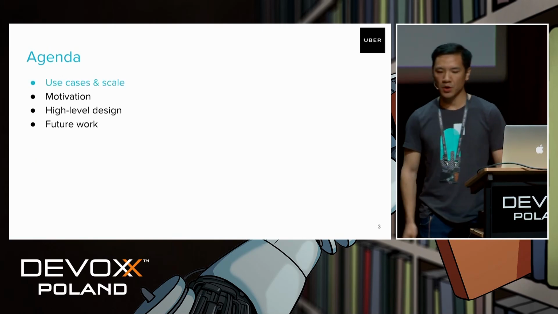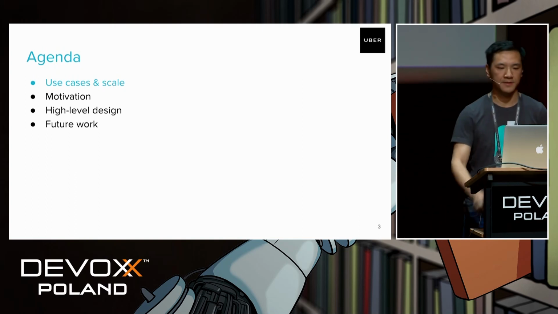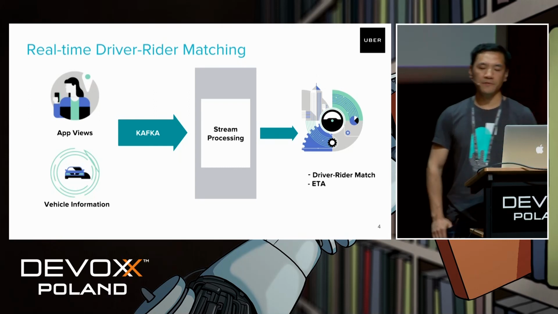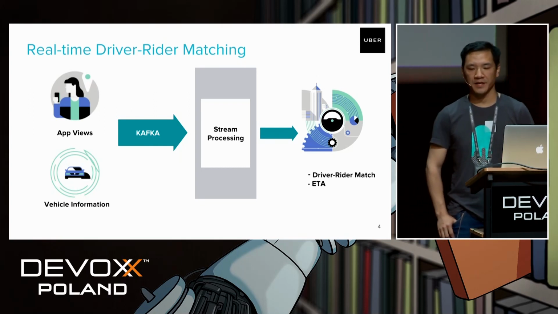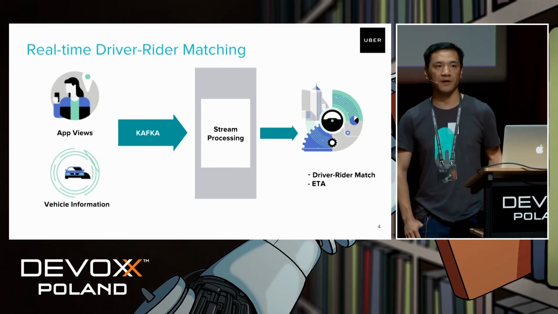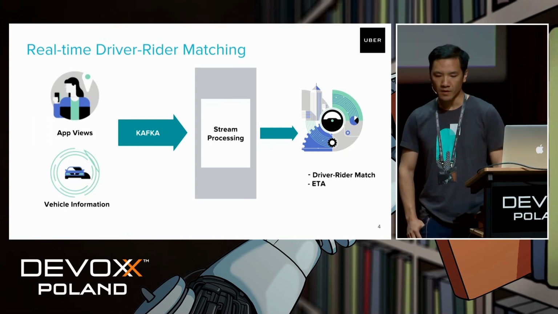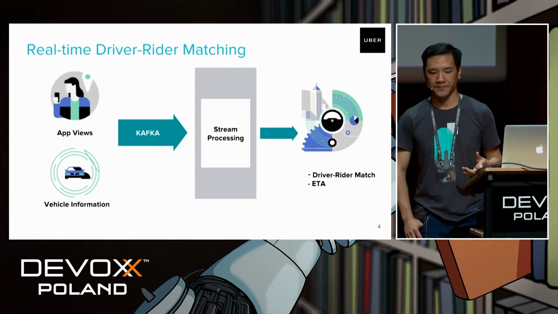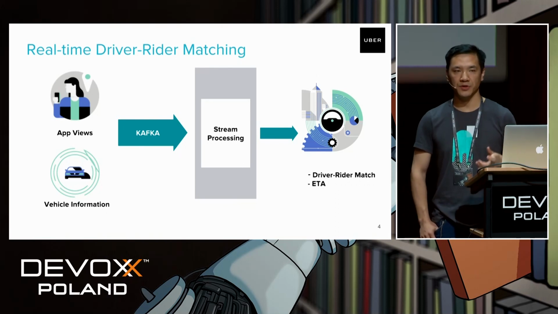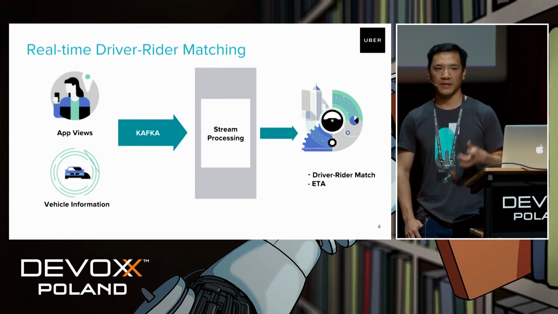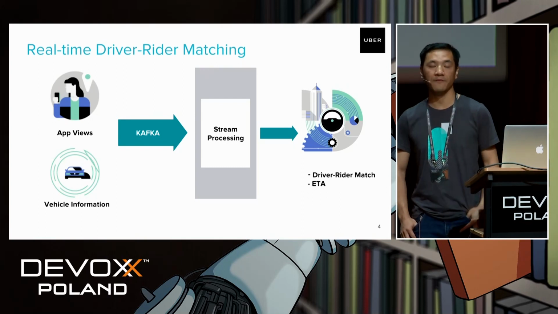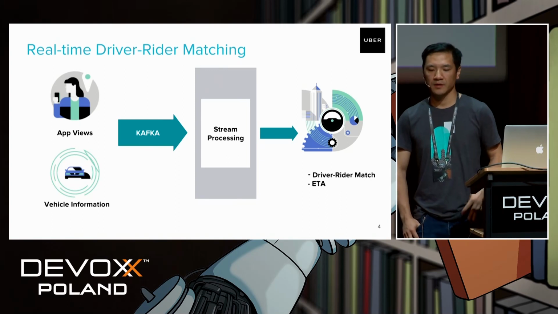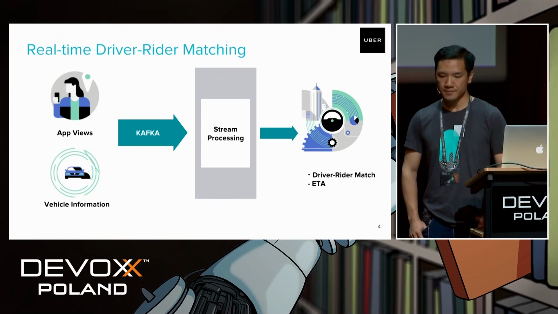All right, let's talk about some of the use cases and our scale. The very first use case is real-time driver-rider matching. When you open the Uber app to request a ride, that request actually goes through our messaging system on Kafka, and the data is delivered to the downstream stream processing system.